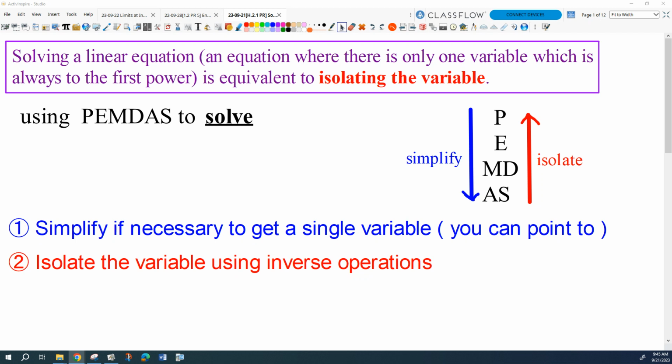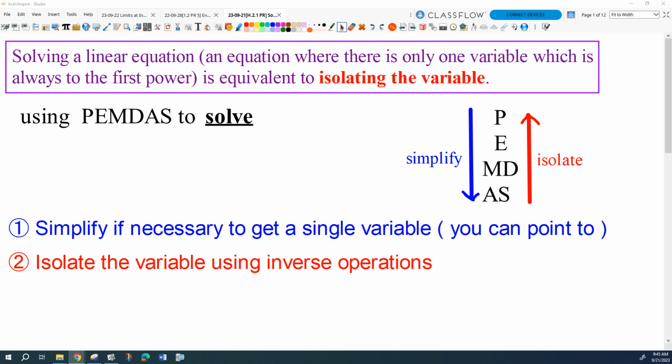So when we're solving a linear equation, this is equivalent to isolating the variable on one side of the equation. And that's probably no surprise to you, right? You've done a lot of that stuff. But I want you to think about those two things in the same way. So if solving a linear equation is equivalent to isolating the variable, well, then we can use PEMDAS, we can use our order of operations tree to tell us what steps to do in what order.